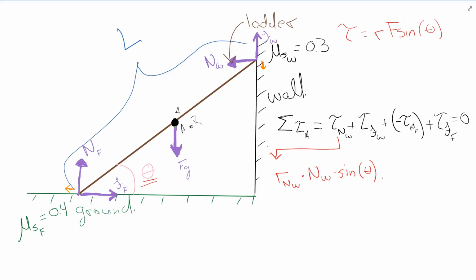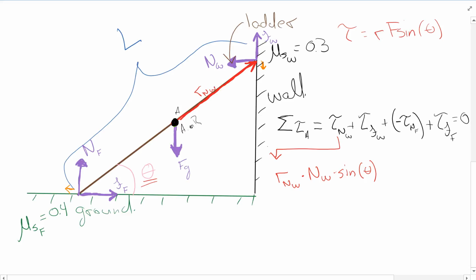Well, the lever arm is going to go from my axis of rotation here, and I'm going to draw this as a much thicker line, all the way to where my force is applied. It'll look like this. That will be my lever arm towards NW.